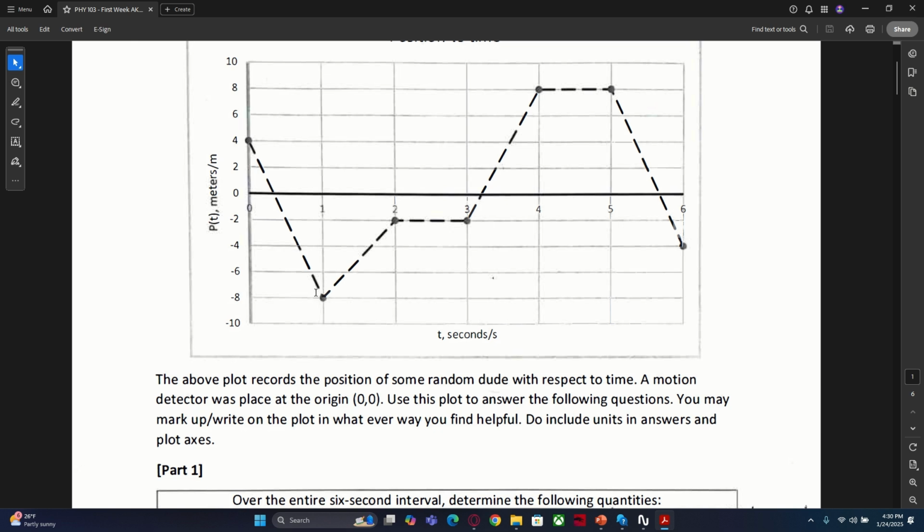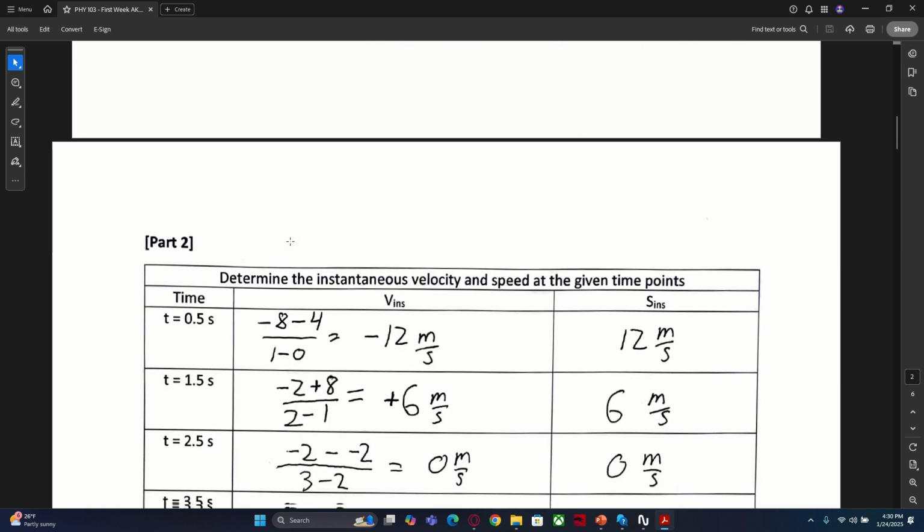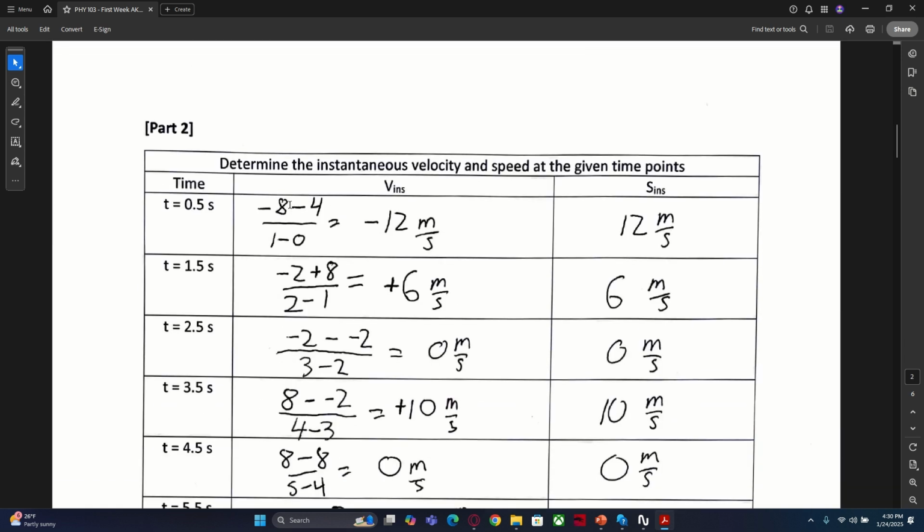It ends at -4 and starts at +4, so -4 minus 4 for the numerator. And then on the time axis, it ends at 1 second and starts at 0 seconds, so 1 minus 0. That's how we get -4 minus 4 is -8, 1 minus 0 is 1, and -8 divided by 1 is -8.